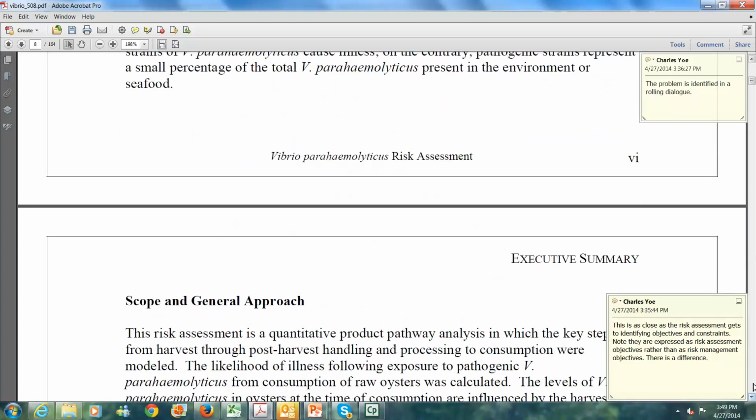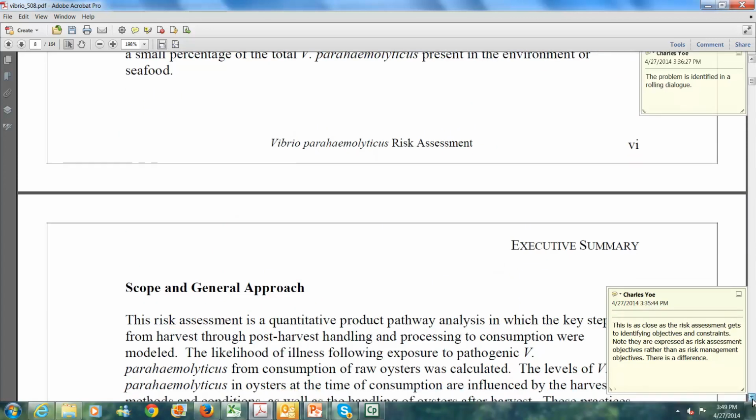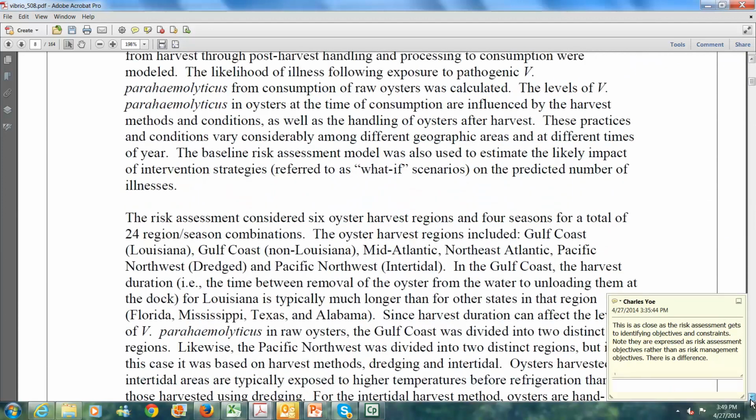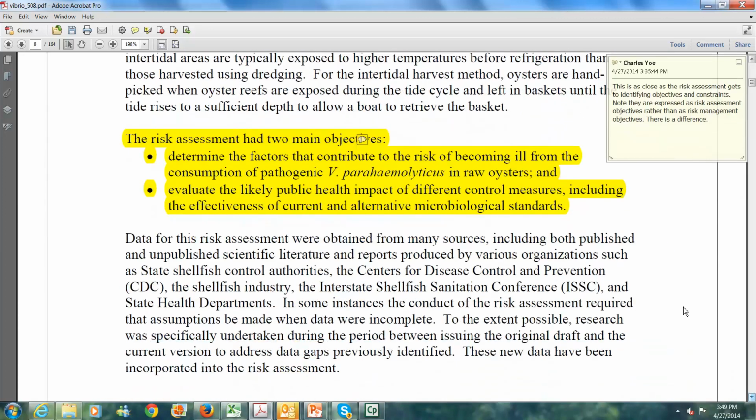Now, we get down here to scope and general approach, and I want to focus right here where it says the risk assessment had 2 main objectives. And this is as close as the risk assessment gets to identifying objectives and constraints. But I would like you to note that these are expressed as risk assessment objectives rather than as risk management objectives.